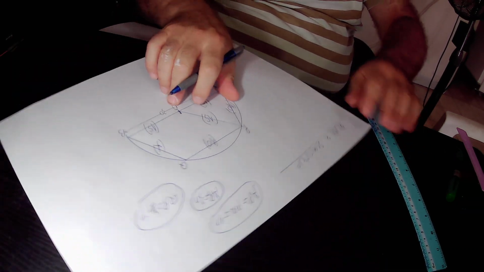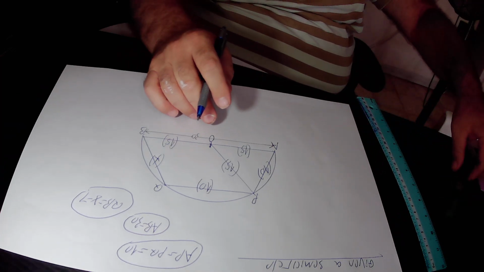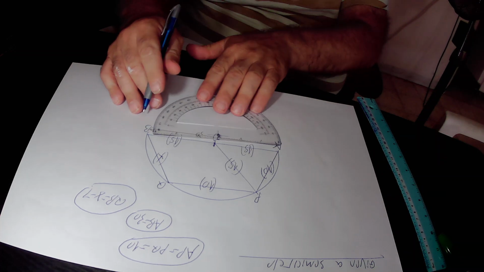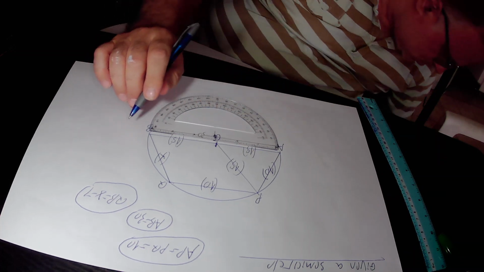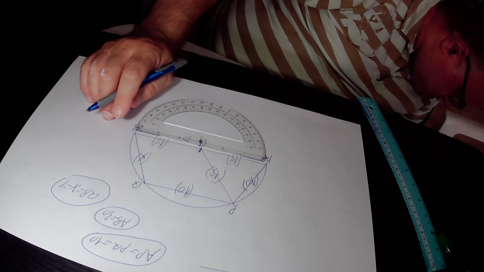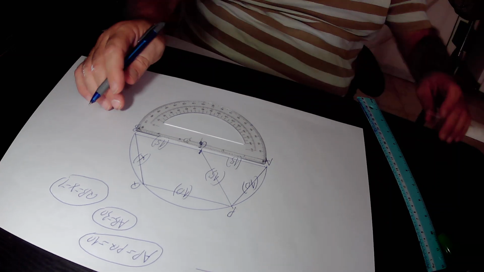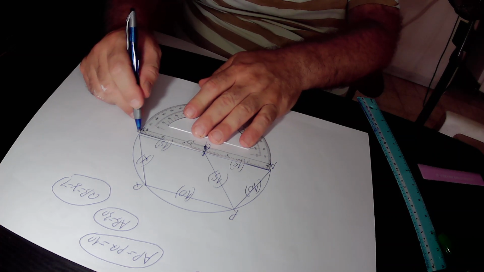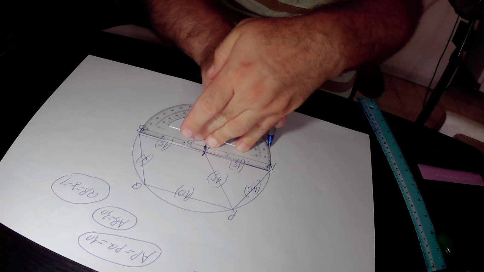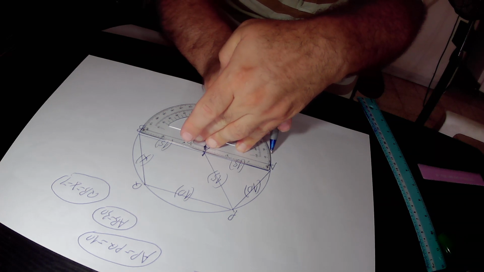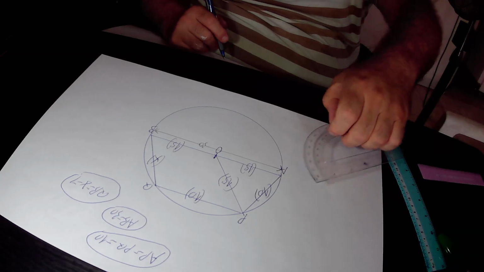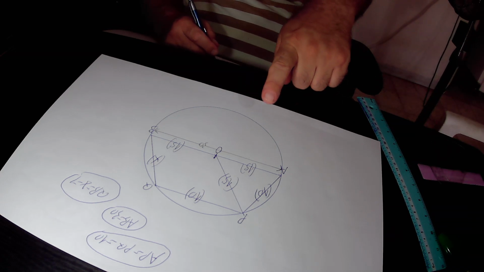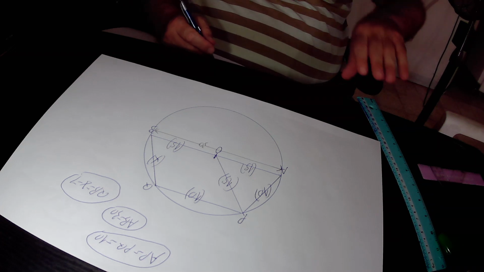In the next step, we will complete this semicircle to a circle, and we'll extend the radius PO by a straight line until it touches the circle.